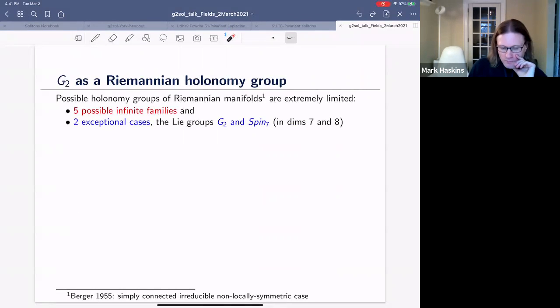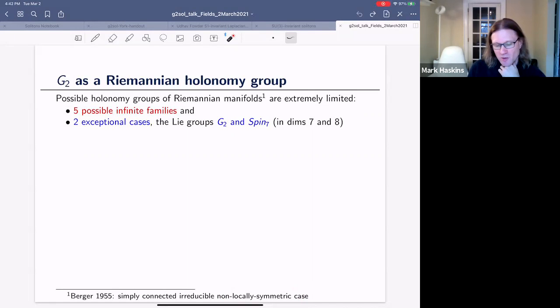It's been well known since the mid-50s what the possible holonomy groups of Riemannian manifolds are in the generic case. You want to look at things that are not locally symmetric spaces, where you have far fewer constraints because the whole curvature tensor is parallel.